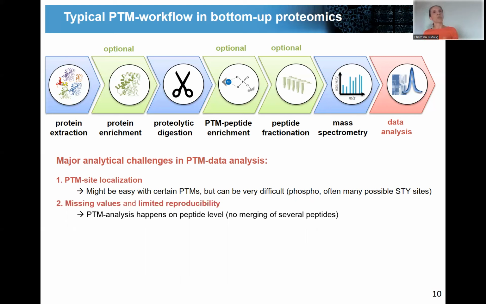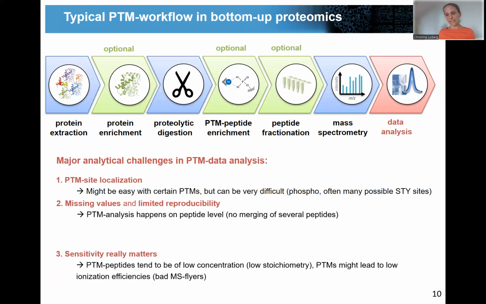To identify and quantify this protein, we can use the information from all of these peptides and use several data points. In the PTM world, you work on peptide level. You always just have one single peptide that can tell you whether this PTM is present or not. So the data tends to be more sparse, with more missing values, random missing values, and issues with reproducibility.